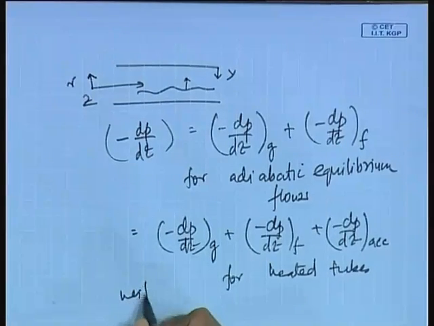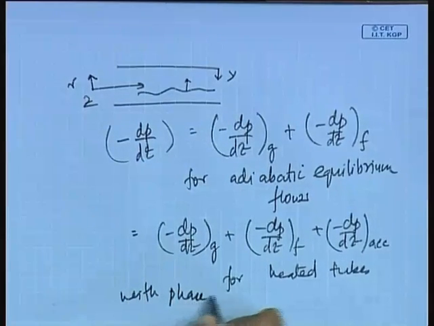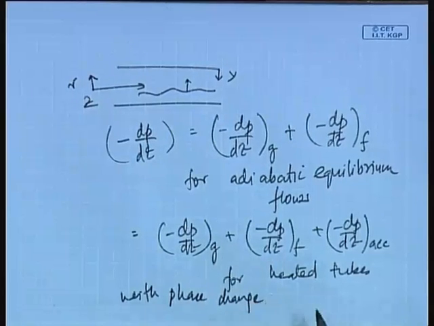Whenever we are having heated tubes accompanied by phase changes, it is no longer a single phase flow situation, isn't it? So for heated tubes with phase change, we have this acceleration pressure gradient, but it is no longer a single phase flow situation.